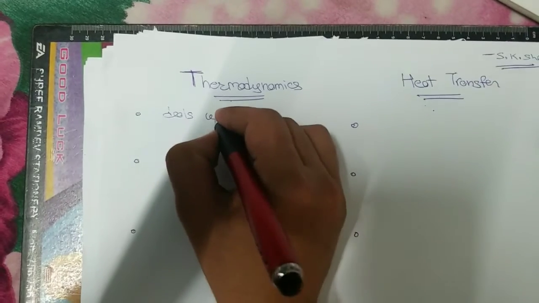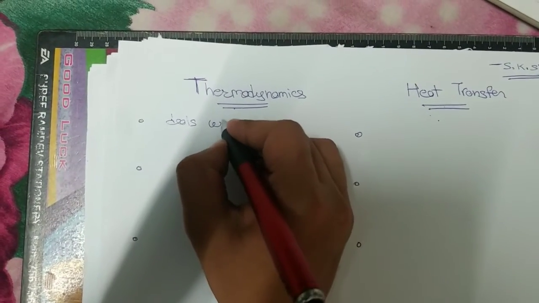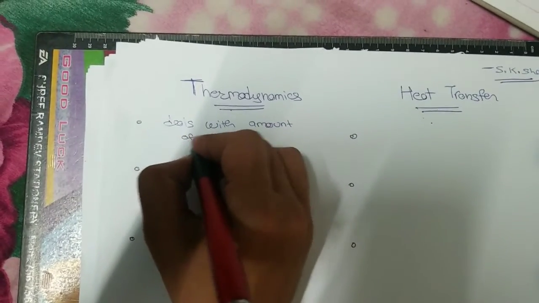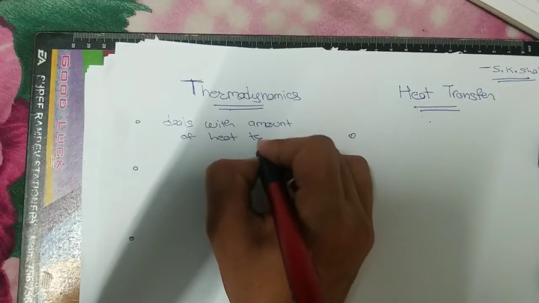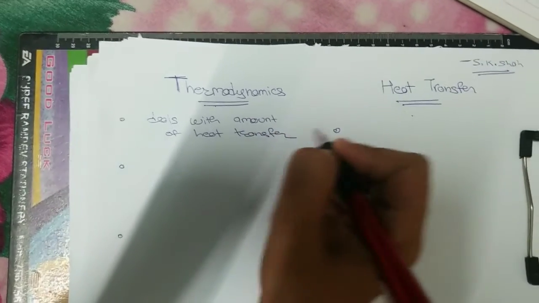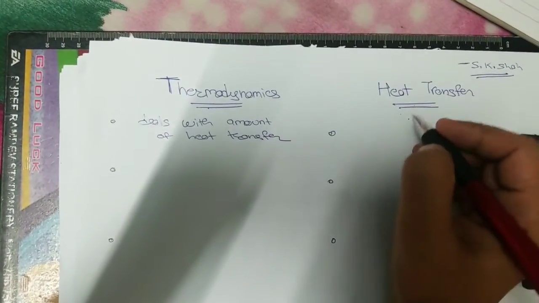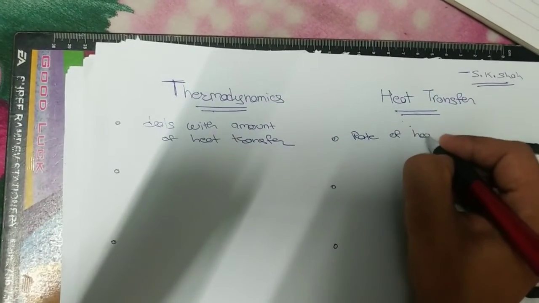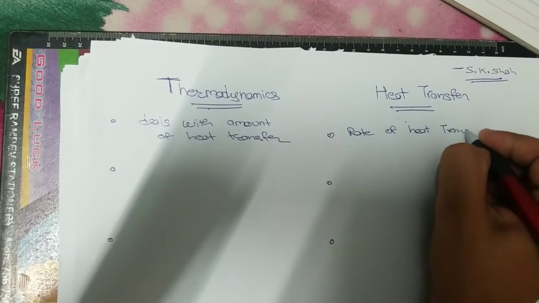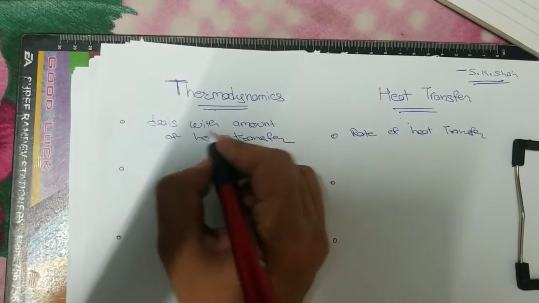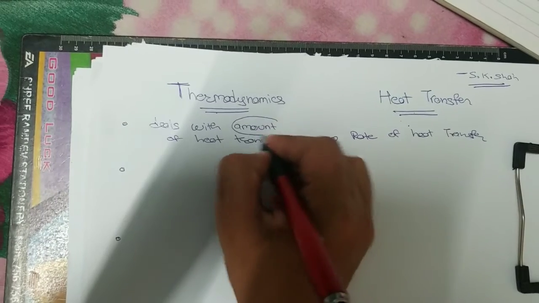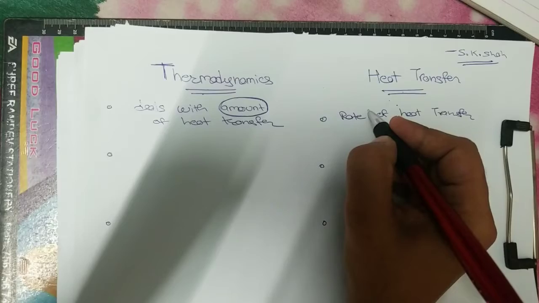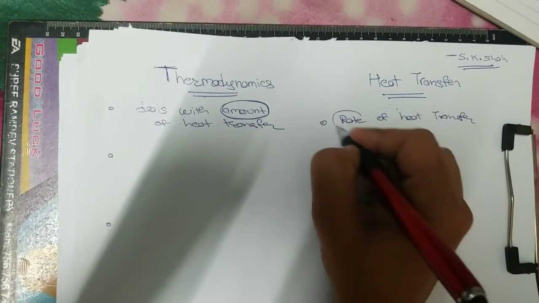deals with the amount of heat transfer, while heat transfer deals with the rate of heat transfer. So it is important to know that this deals with an absolute number, that is amount, while this deals with a quantity which changes with respect to time, that is rate.